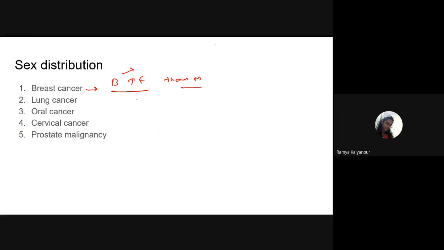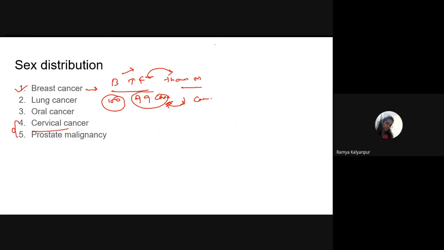Maybe 99 cases of breast cancer can happen in females when you look into 100 cases, and maybe one case can happen in males also. This organ is present anatomically, naturally in both the sexes, so we can do the comparison, and the chances to happen in males are less as compared to females. So breast cancer comparison is definitely possible.